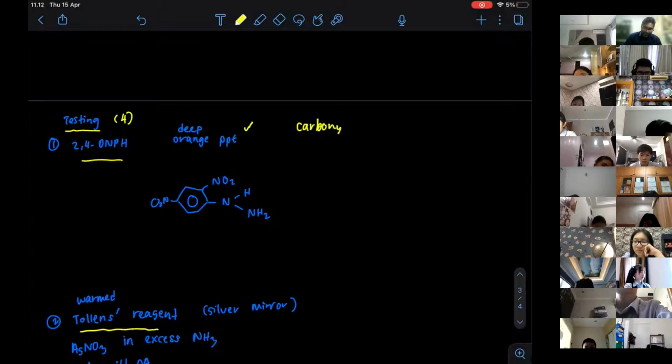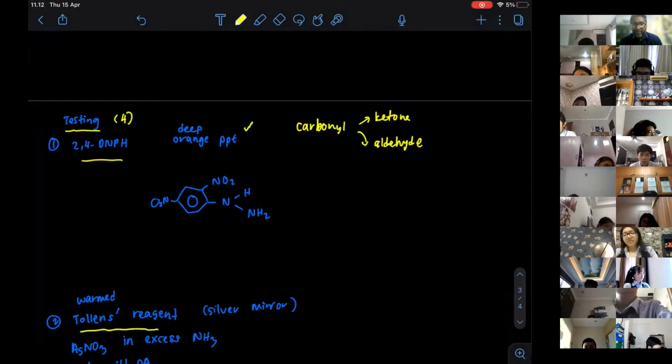It means if you have a ketone or an aldehyde, you are going to get a positive test with 2,4-DNPH, which is a deep orange precipitate.